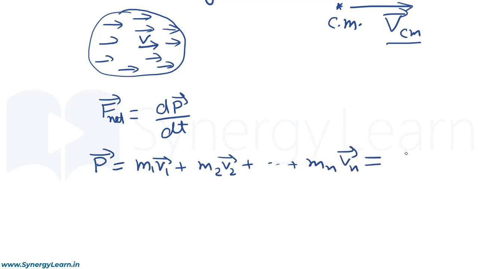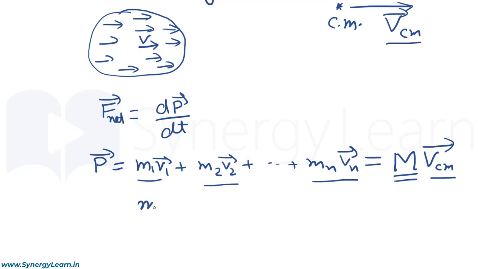So if there is to be a single point mass which can represent this momentum, then its mass, which is the sum of the masses of all the particles of the system, and its velocity, which is the velocity of center of mass, should be equal to the sum of the momenta of the particles of the system. So this is how center of mass came into existence, and the velocity of center of mass can be represented.